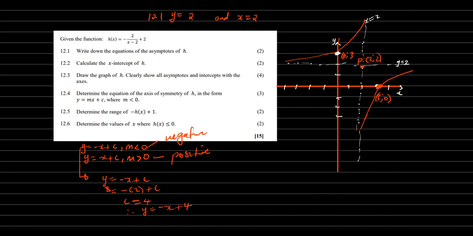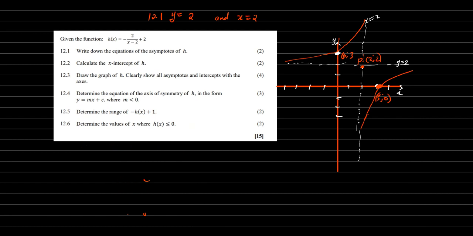What you simply do, let's quickly try to erase this question that we've just done now, so that we can quickly translate our graph. So we are having a negative h of x plus 1. So we have to shift our graph 1 unit upward.